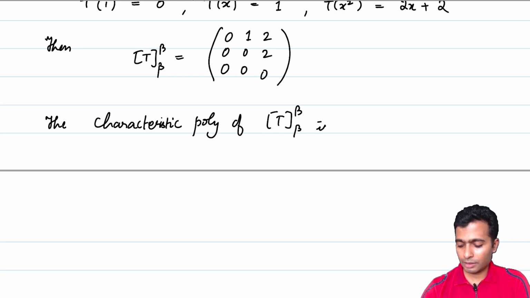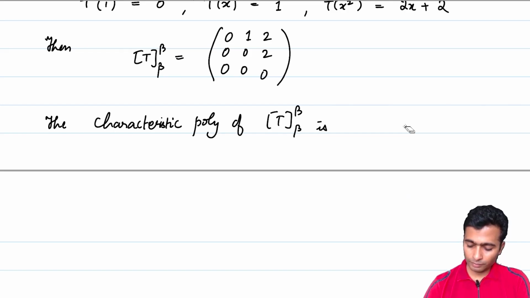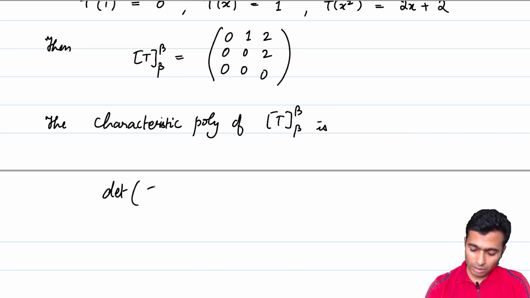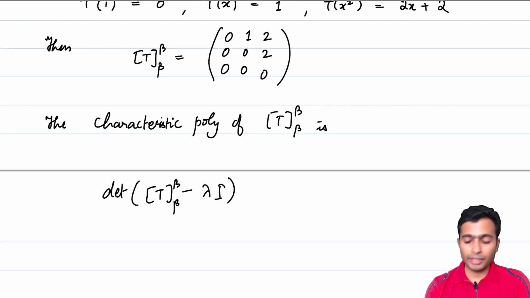This is the determinant, equal to det of T beta minus lambda I. So notice that P2 of R is a dimension 3 vector space, so this is I3.